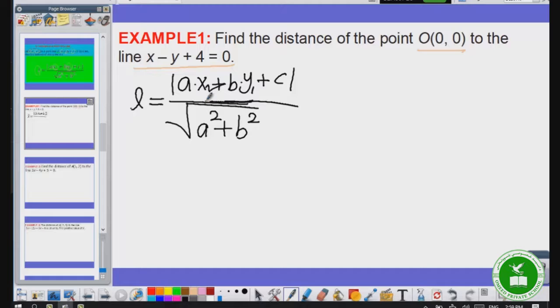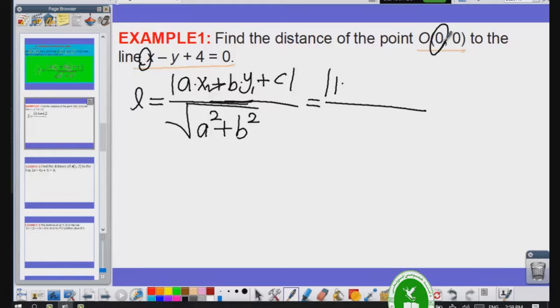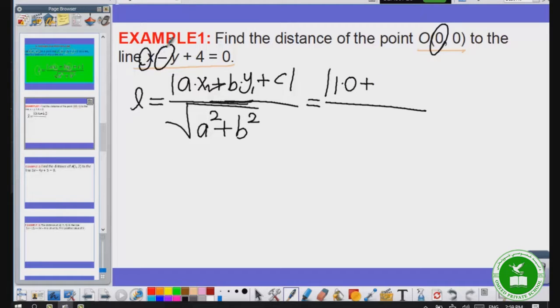Now you know what A is. A is the coefficient of x in the equation of the line. Here it is 1. You see, 1. 1 times x1, the x coordinate of the given point. Here it is 0. 1 into 0 plus B, the coefficient of y in the equation of the line.